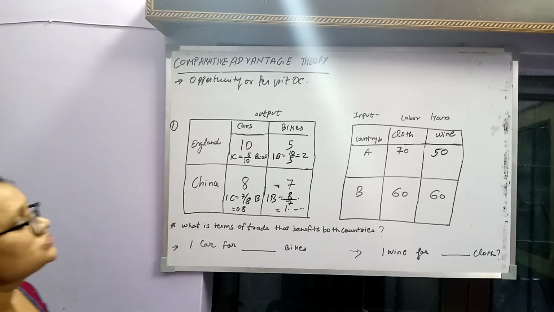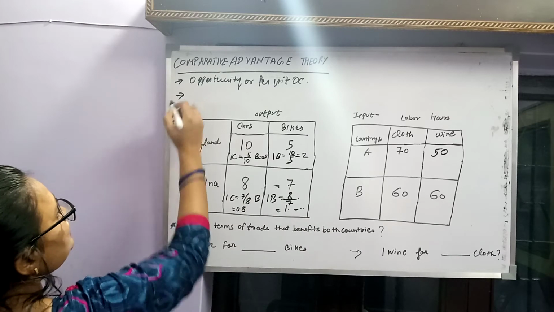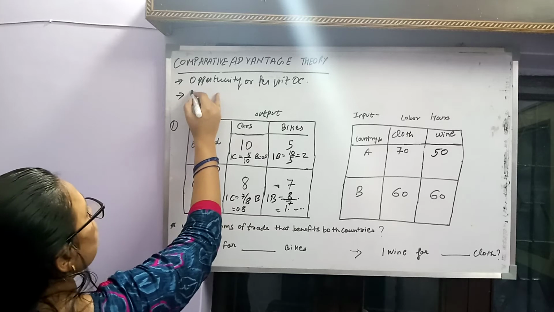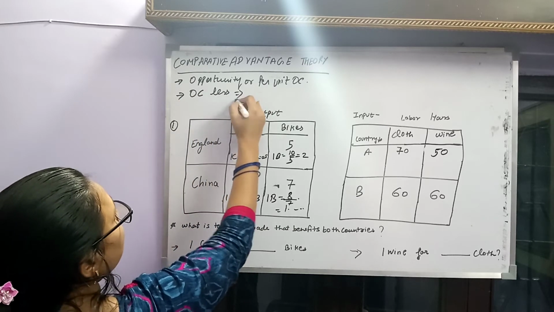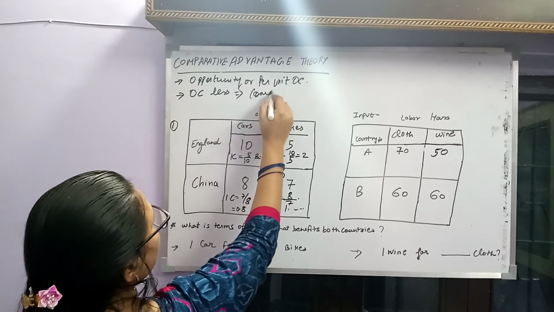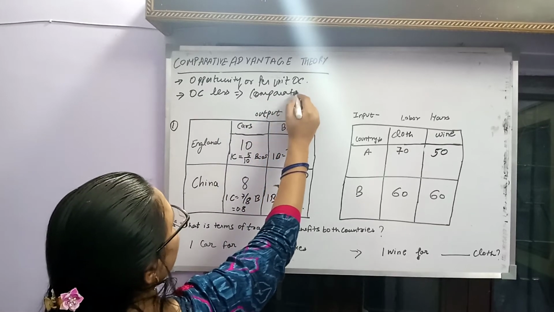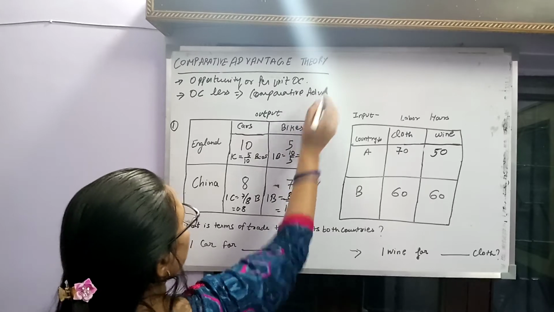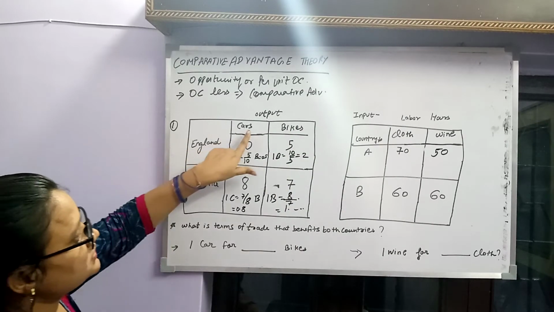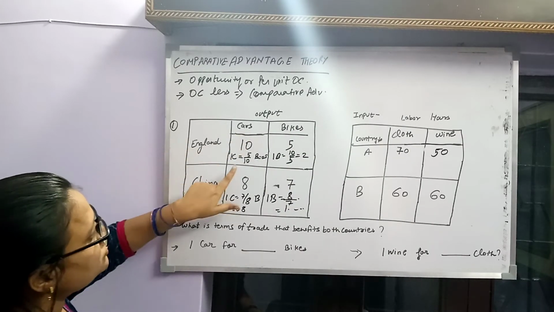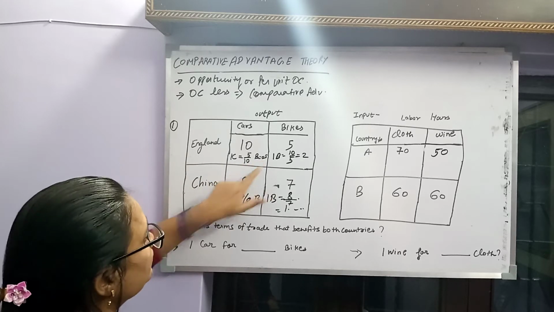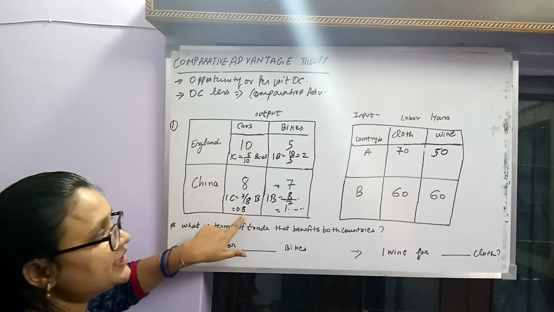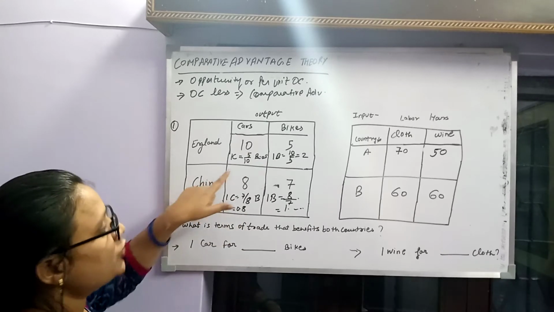The next step is that the country whose opportunity cost is less has comparative advantage in that particular product. If we see cars in England and China, the opportunity cost for England for producing one car is 0.5, but for China it is 0.8. Which is less? 0.5 is less.